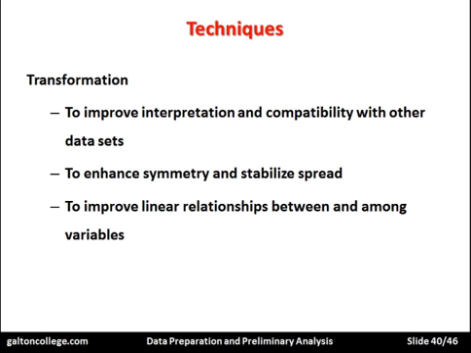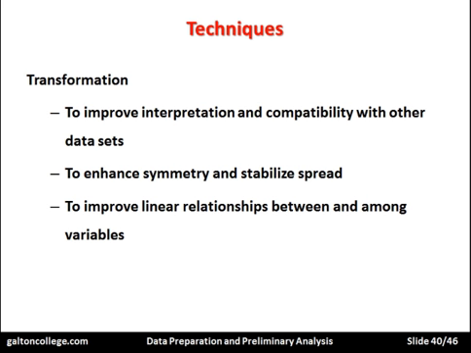It doesn't change the essence of the data, it just makes it easier to use. It could, for example, enhance symmetry of the data and stabilize the spread. If the data is very spread out, a technique may be used to bring it closer together. It still keeps the data as it is, it just changes the scales in which we look at the data. It could improve the linear relationship amongst the variables.